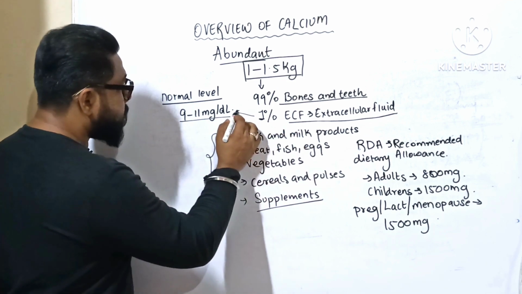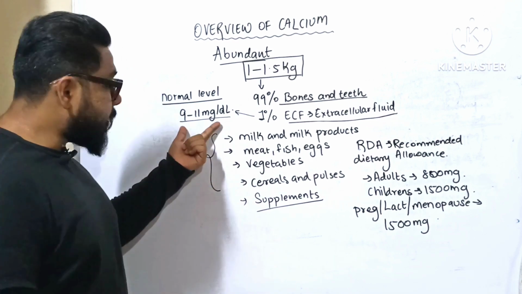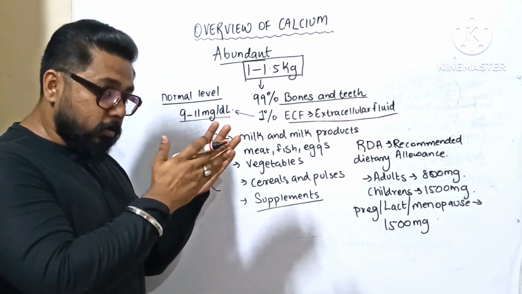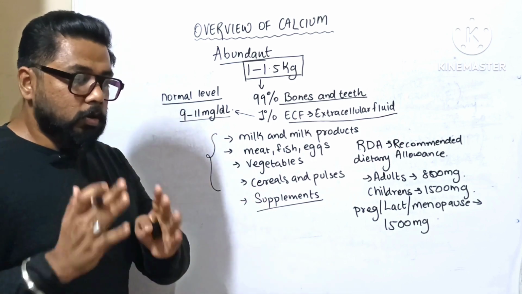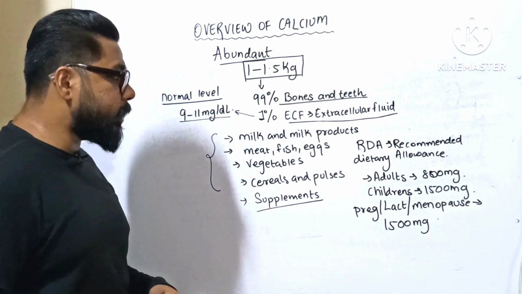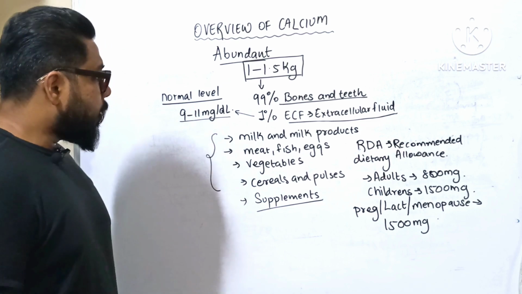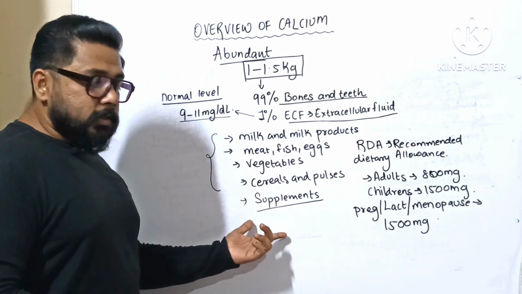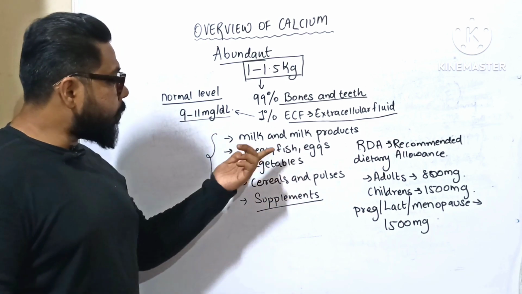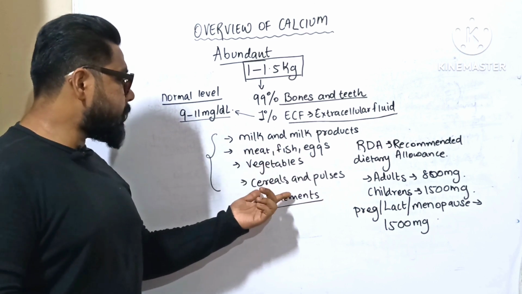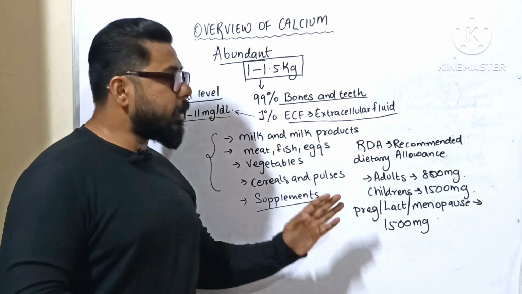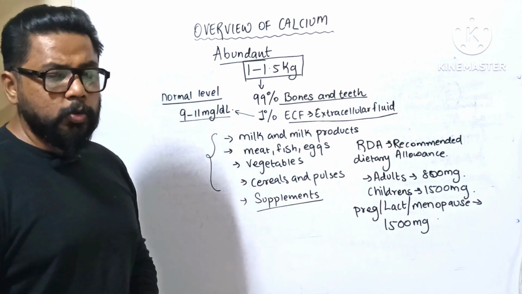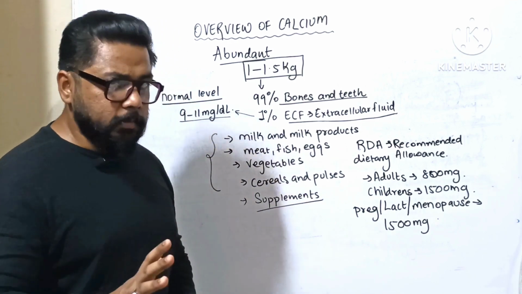In this also, there are different forms of calcium: one is diffused, one is bound with proteins, one is freely available. The sources are milk and milk products, meat, fish, eggs, vegetables, cereals and pulses, and the supplemental form. And this is the recommended dietary allowance. So this is the basic overview of calcium.